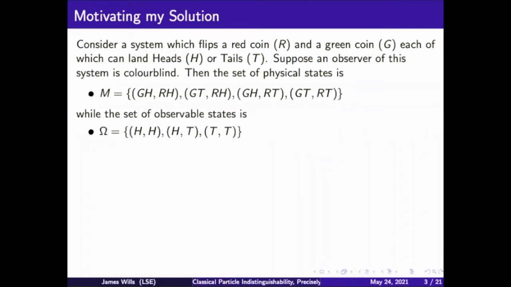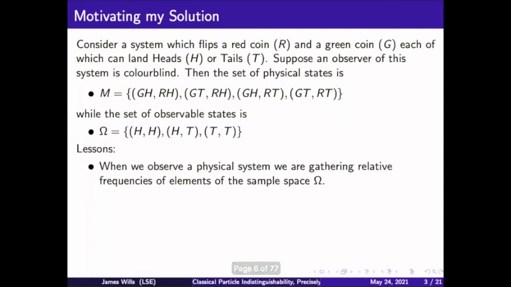Now, what I want us to learn from this simple example is the following. When we observe a physical system, maybe in particular a stochastic physical system, we're gathering relative frequencies of elements in the sample space.